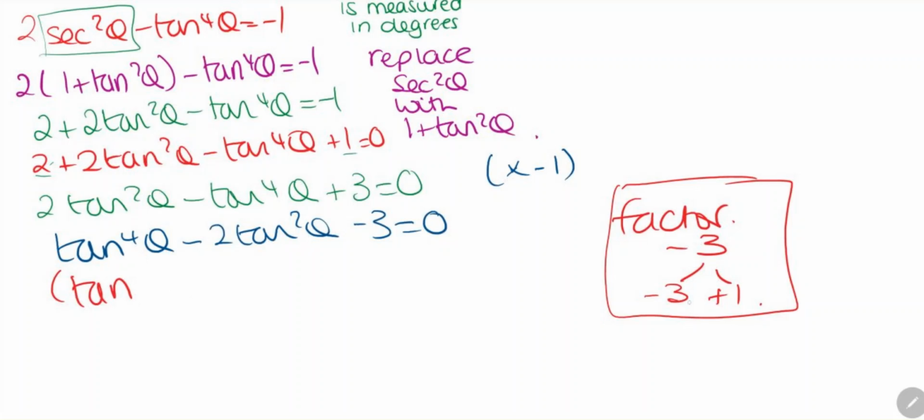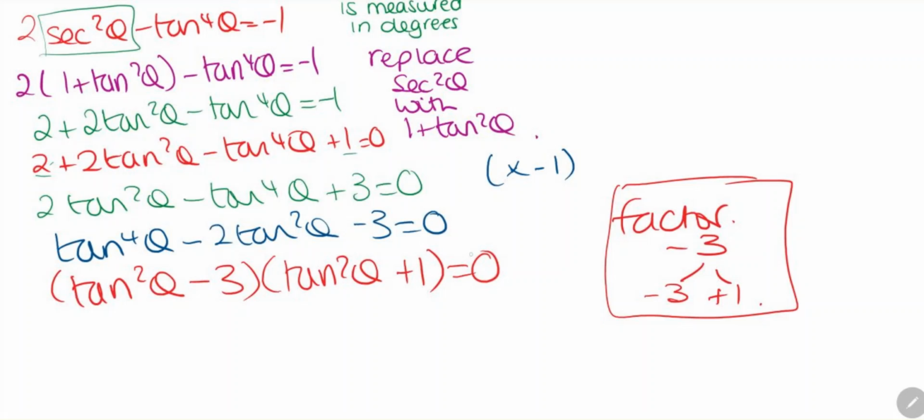So if I was to rewrite this as tan squared theta minus 3, and I want a 1, so I'm going to have tan squared theta plus 1, and this is equal to 0.